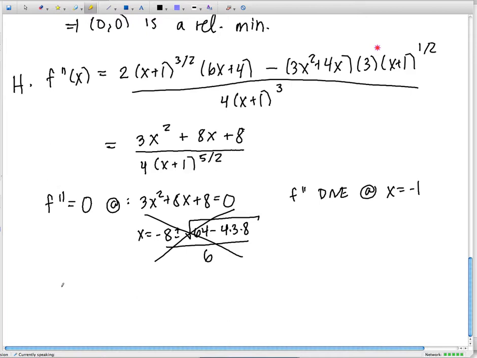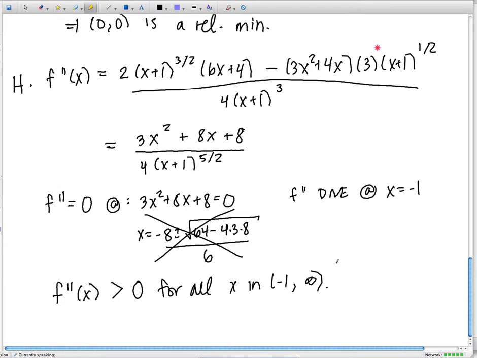So let's figure out the sign of f double prime. We know it's the same no matter what x value we're in at our domain, so we can just plug in any number x. For example, if we plug in x equals 0, that's in our domain. f double prime of 0 is positive. It looks like it's 8 over 4, which is 2, which is positive. We just argued that f double prime never changes sign, so f double prime of x is positive for all x in the domain of f.